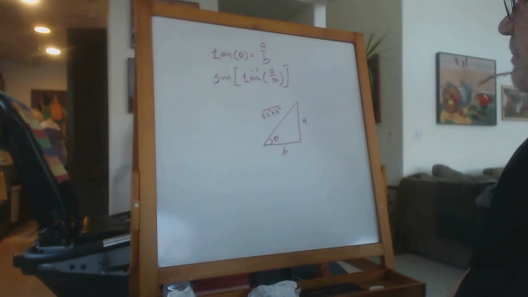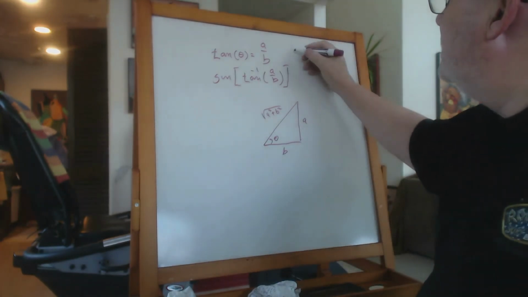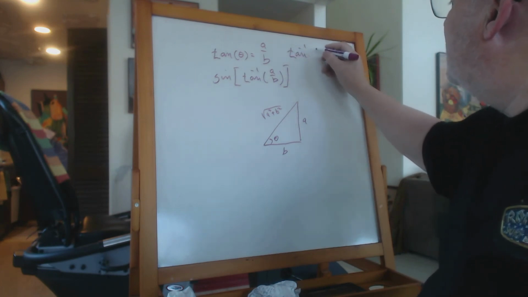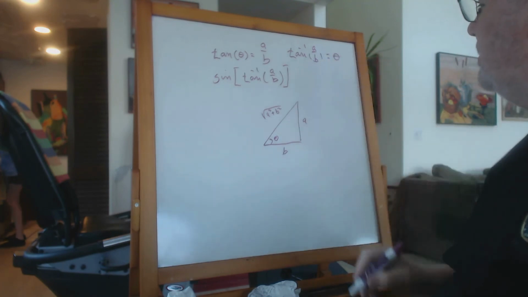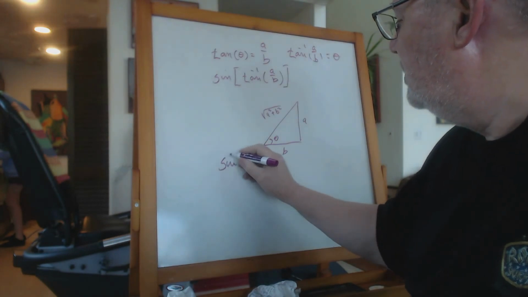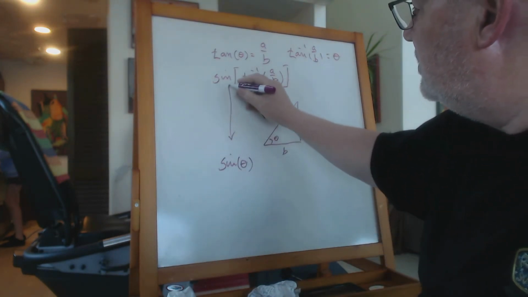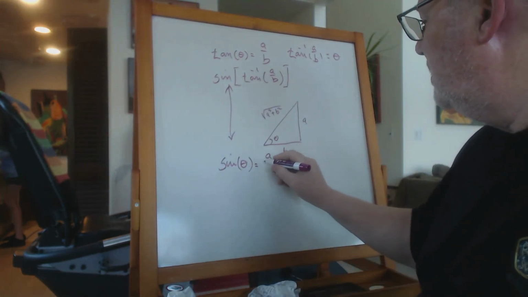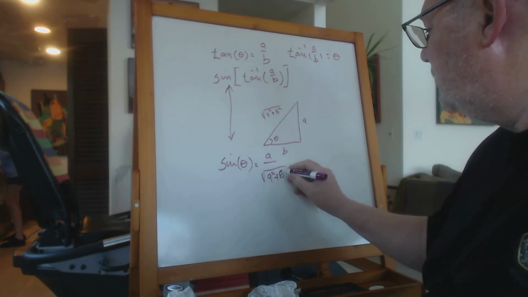So the arctan of a over b is theta, and we want the sine of theta. That's equal to a over the square root of a squared plus b squared.